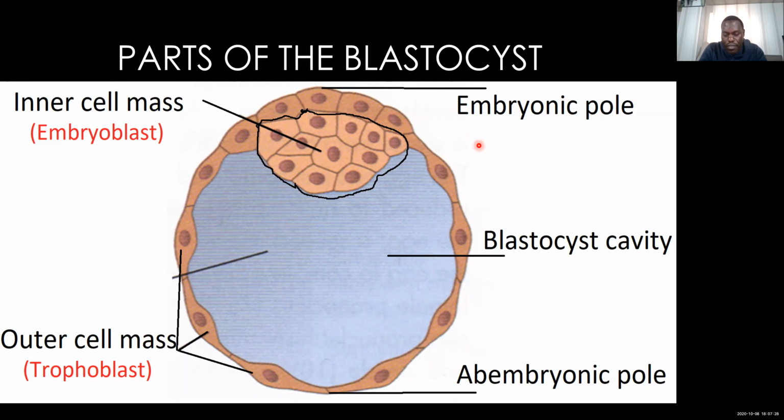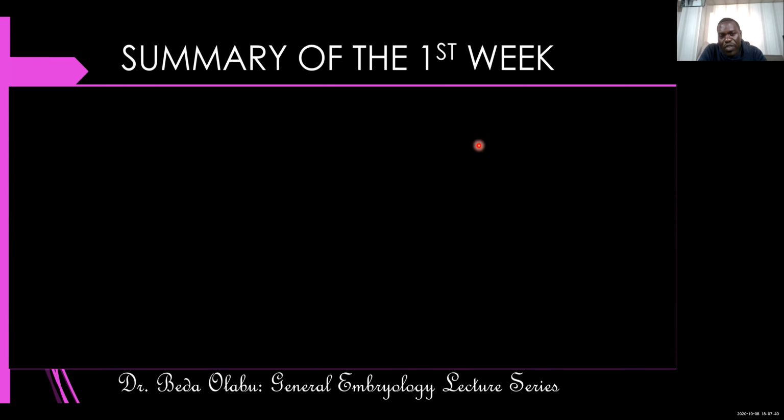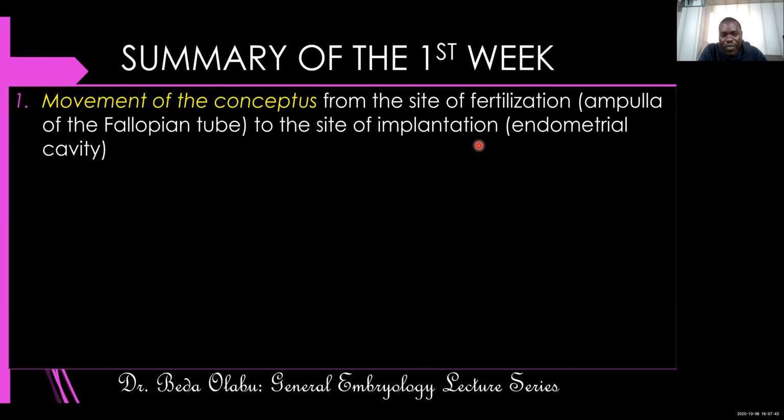Right. Evening passed, morning came. That was the first week of embryonic development. Let's make a summary of what happens during the first week of development. We have said during the first week of development, the conceptus moves from the site of fertilization, which is the ampulla of the fallopian tube, to the site of implantation, which should be the endometrial cavity.